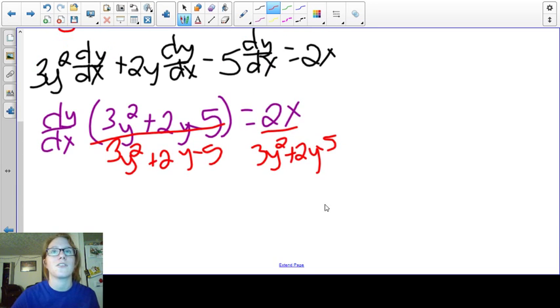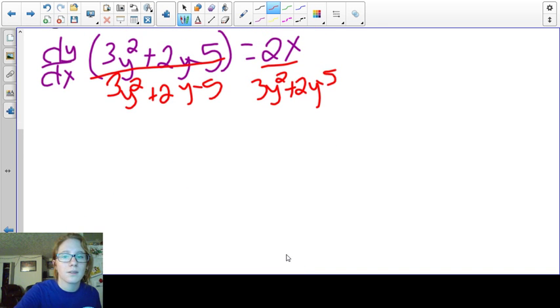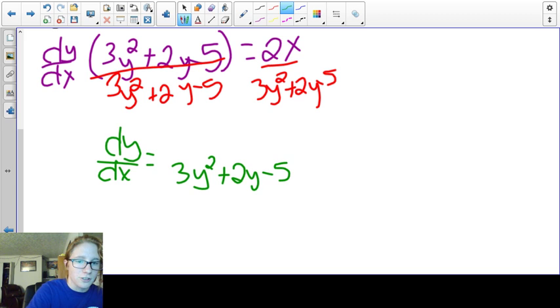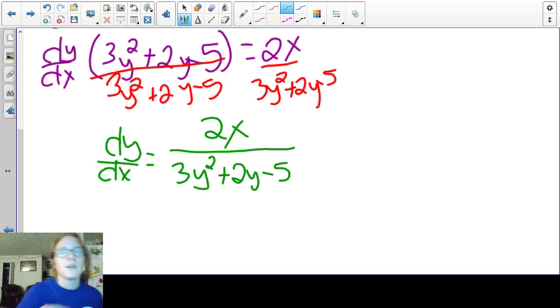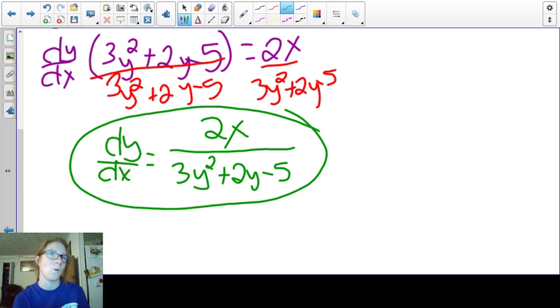So my final answer here is dy/dx is equal to, I'm going to write the bottom first because the bottom is bigger and I want to make sure I have a big enough fraction. 2x over 3y squared plus 2y minus 5. So we don't know what the derivative of y is in this case, and that's why we have to set it equal to that.